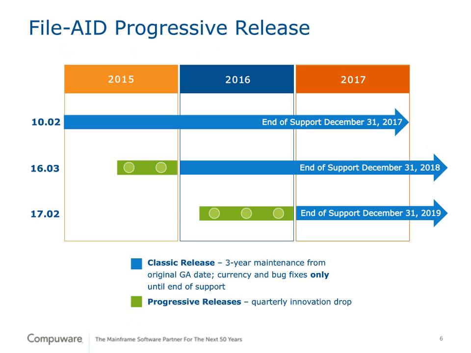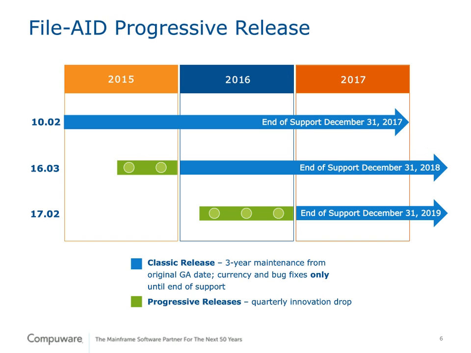We have adopted an agile development methodology here at Compuware, and that really allows us to deliver functionality to you throughout the year rather than waiting for a single yearly release. File-AID 1603 is our progressive release. We first delivered this in July of this year.